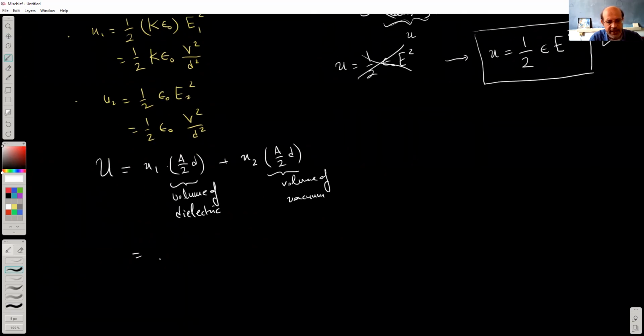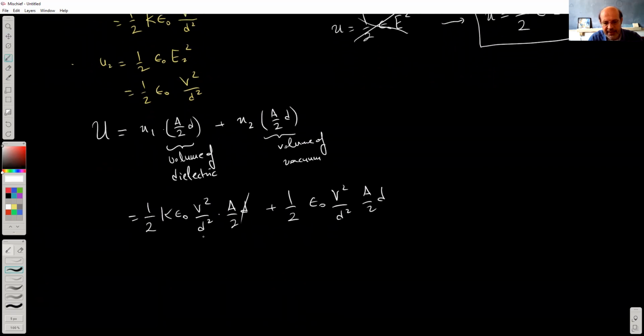So let me write this thing down and see if I can collect everything. We have 1/2 of K times epsilon 0 V squared over D squared multiplied with A over 2 times D in here. I have the same expression but without the dielectric constants in here. Okay.